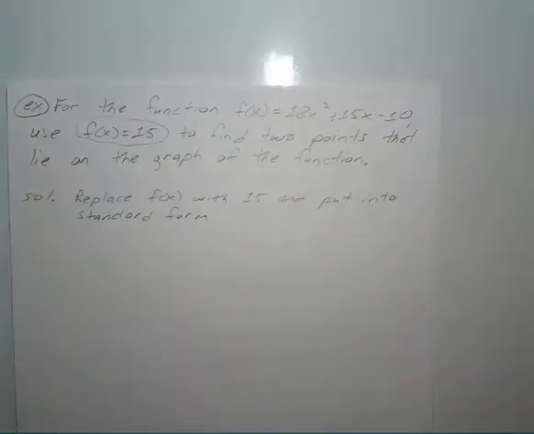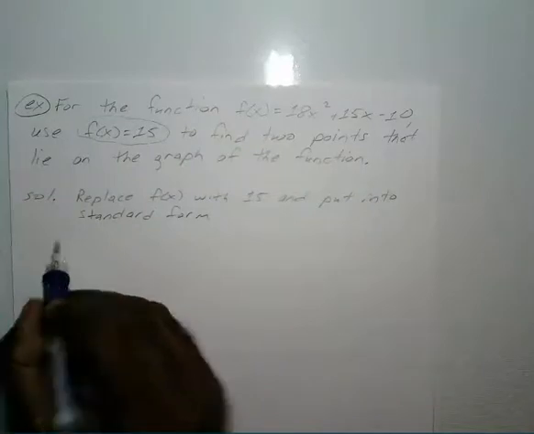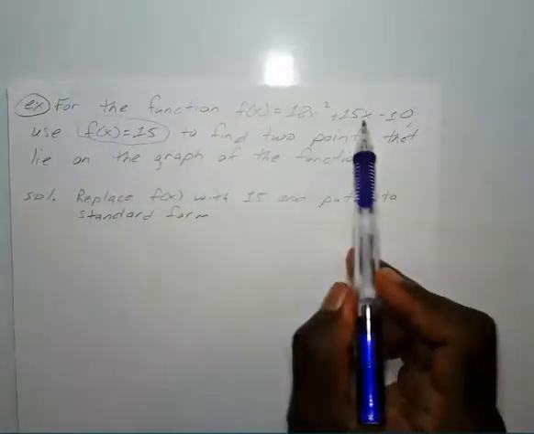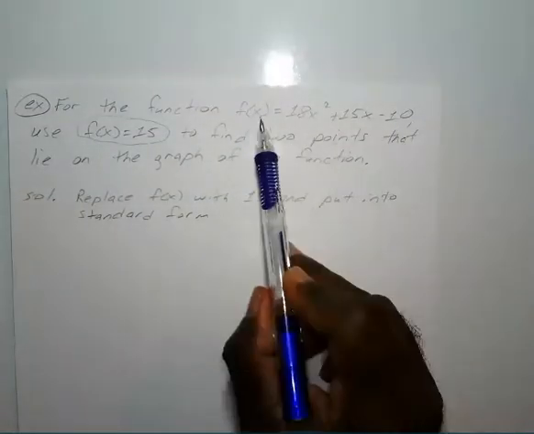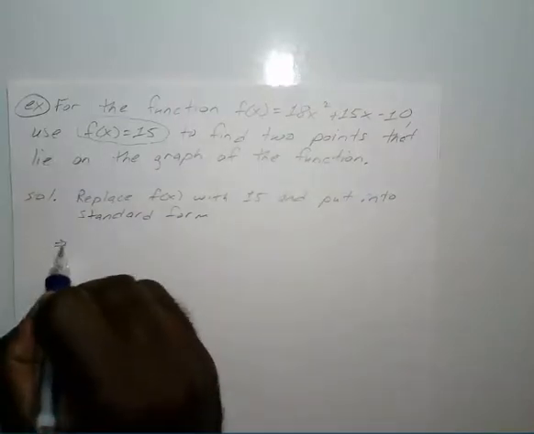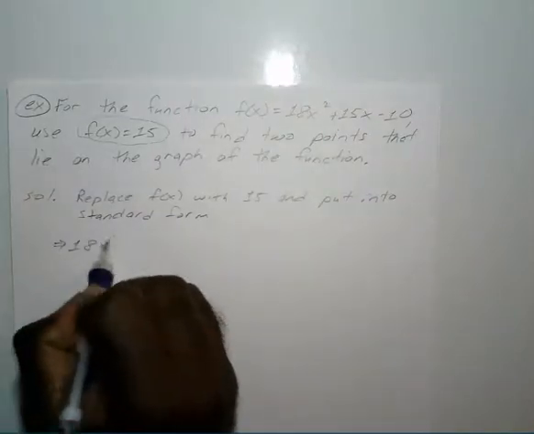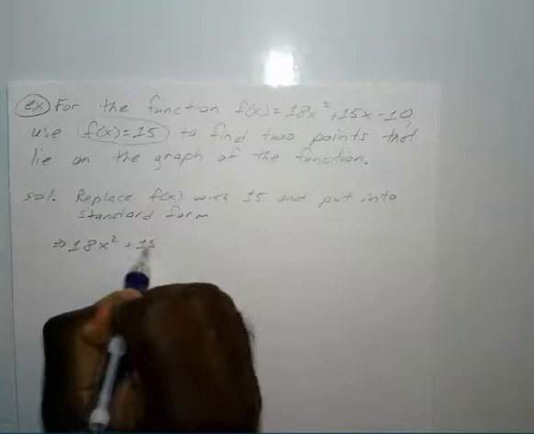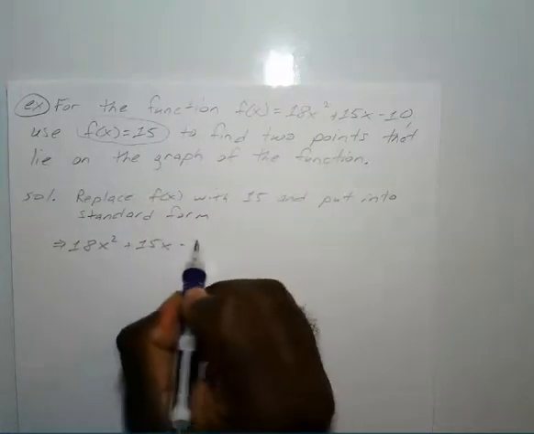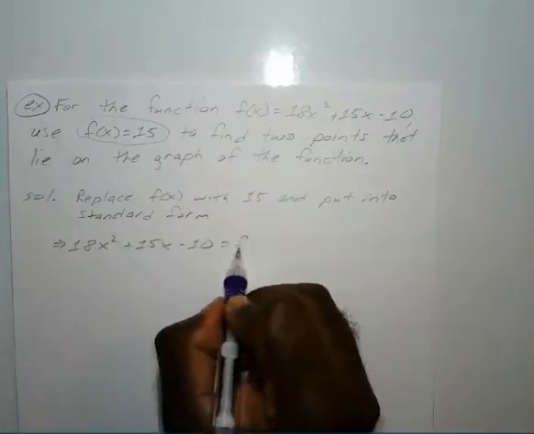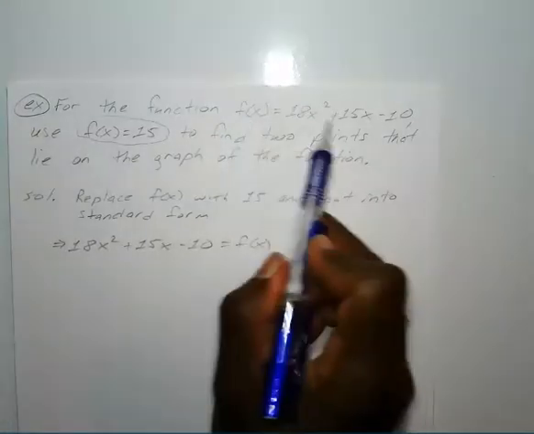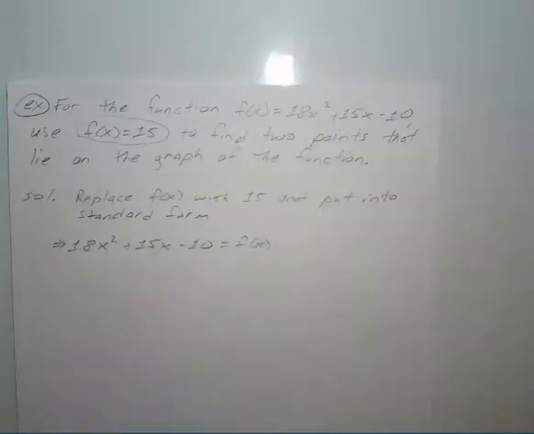Okay, so once we do that, it should make a little more sense. We have 18x squared plus 15x minus 10 equals f of x. I just switched those around to put the f of x on this side.